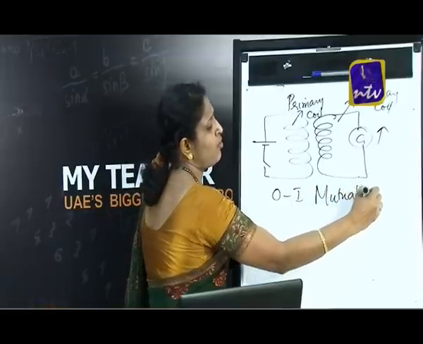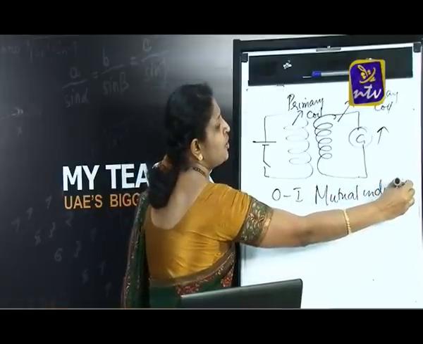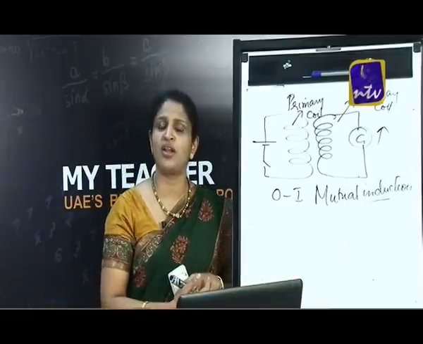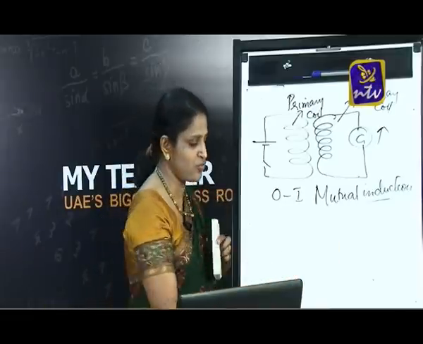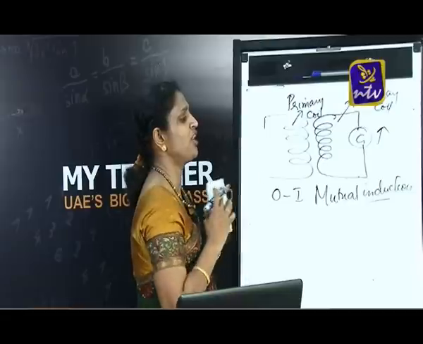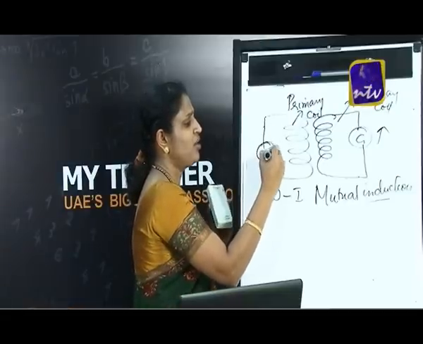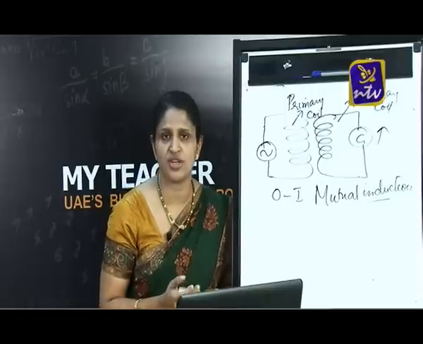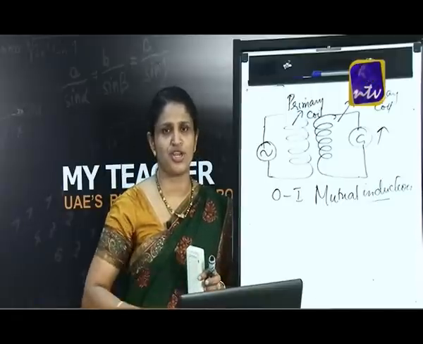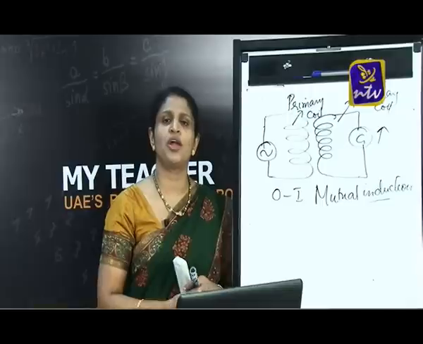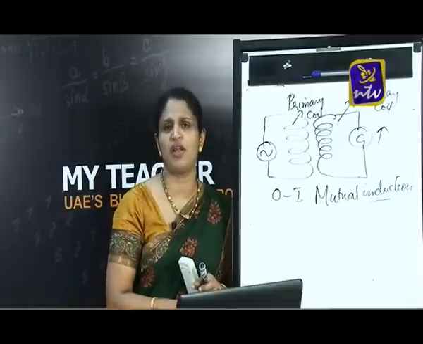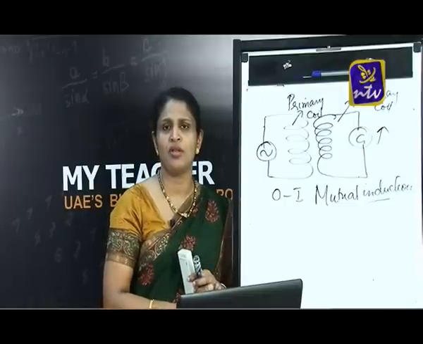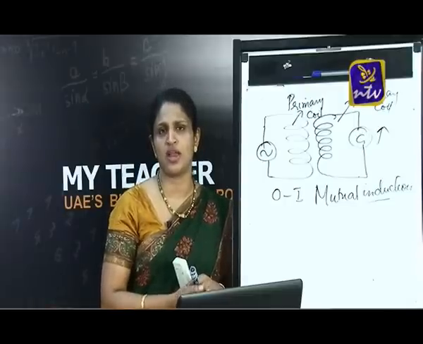This phenomenon of mutual induction is being used in devices like transformers. In the transformer, we are not using a DC supply; instead we use an alternating supply where there is a continuous change in current. By continuously changing the current in the primary, you can continuously change the magnetic flux linked with the secondary also, and you will get an induced EMF continuously in the secondary coil.